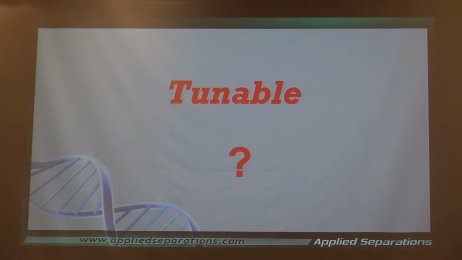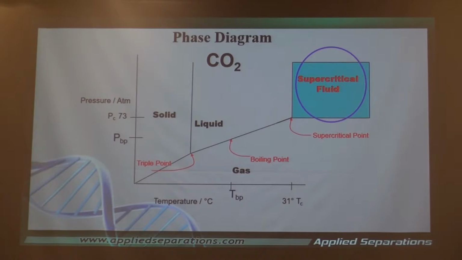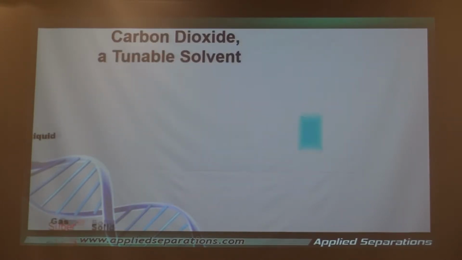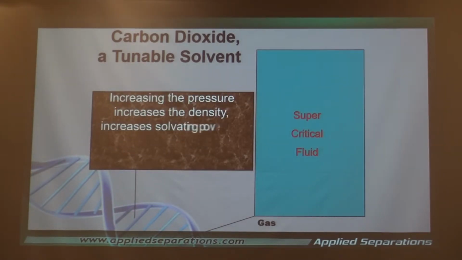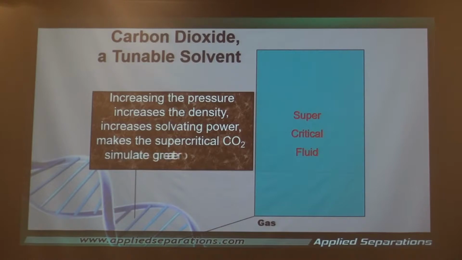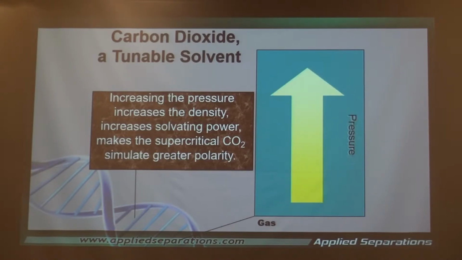Well, we can do the same thing with a supercritical fluid. In that supercritical fluid area, by increasing the pressure, we increase the density, thereby increasing solvating power, and we kind of simulate greater polarity.